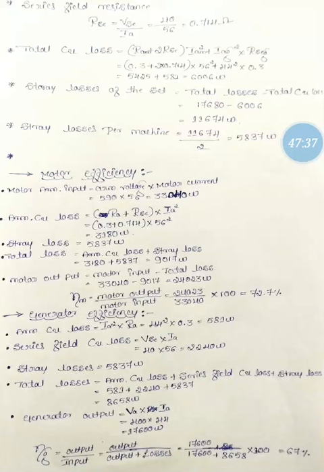The motor input was calculated earlier, 33,040, and the total losses are also calculated earlier, 9,017. Then we get the motor output as 24,023 watt. Finally the efficiency of the motor can be calculated as the motor output to the motor input, and we get the efficiency of the motor as 72.7%.